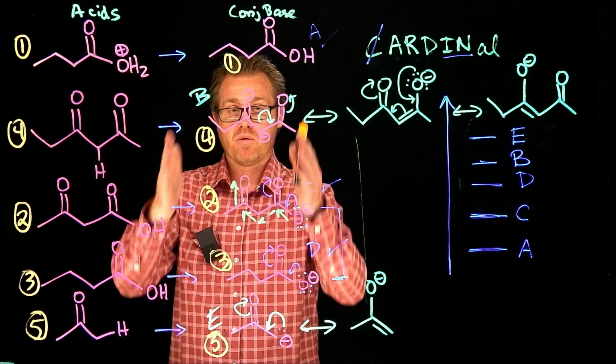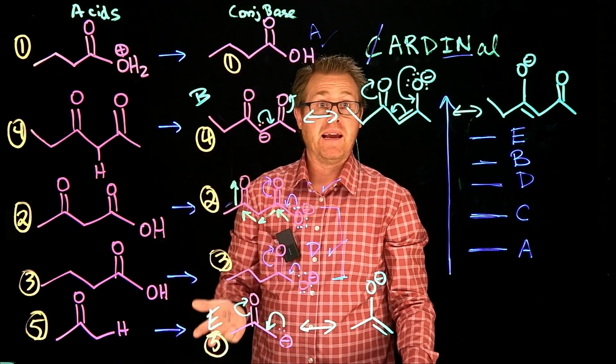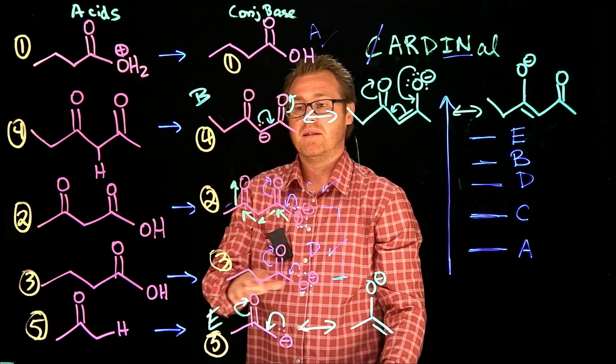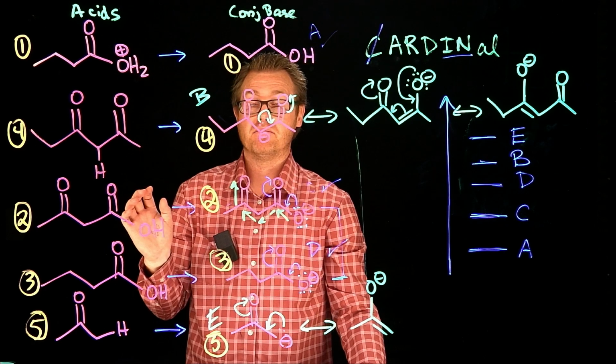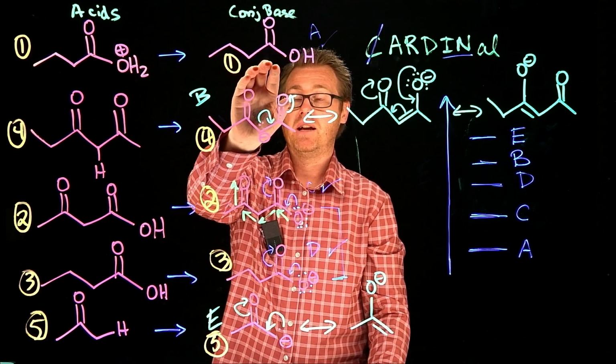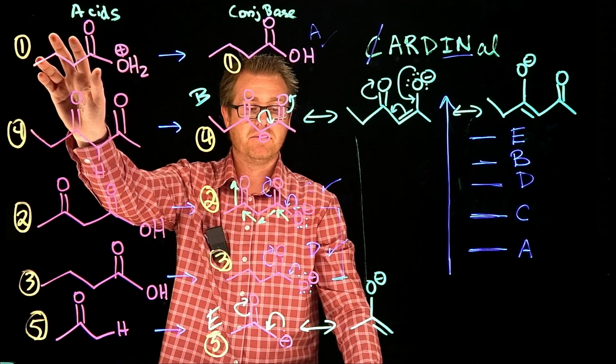If you just remember this part, you'll get the rankings correct. You find the most stable conjugate base, that corresponds to the stronger acid. The lowest in energy conjugate base makes the stronger acid.